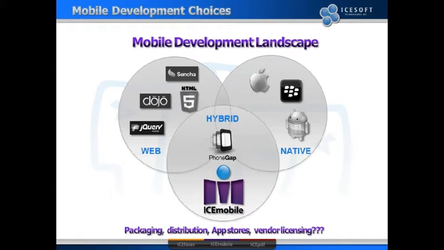Are you going to have to deal with App Store hurdles and have your applications approved or enter into some sort of enterprise subscription with the vendors? Some hybrid solutions, such as ICEmobile, don't actually require you to package and distribute your app, although you can. And you can distribute your app purely from the web with ICEmobile.